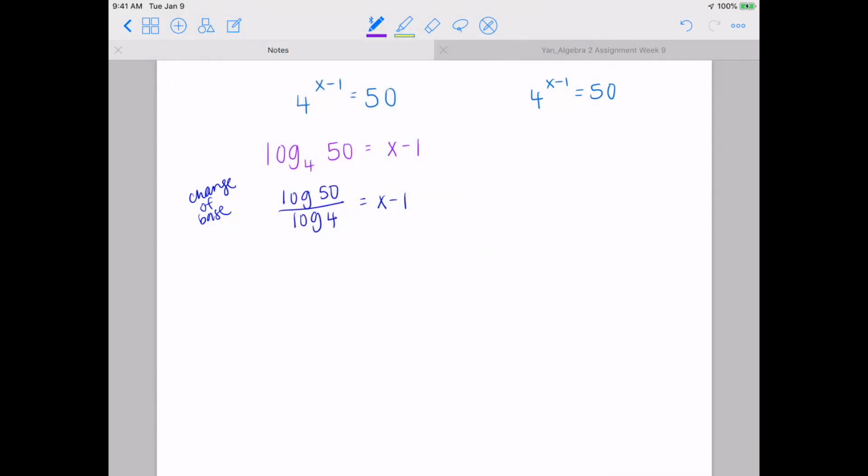Last step, we're going to add 1 on both sides. These cancel out, so I have x equals whatever that is in the calculator. The answer to this one is around 3.822. So that's method 1.